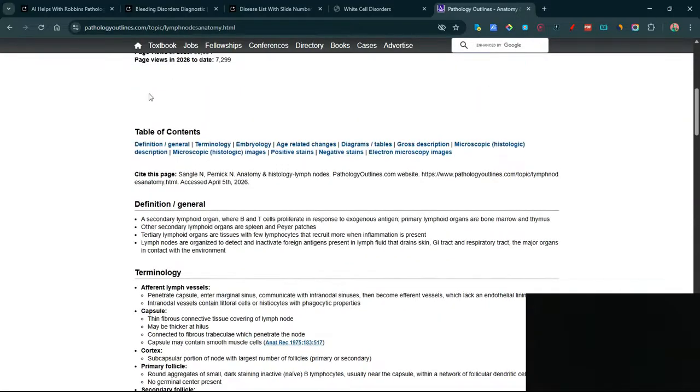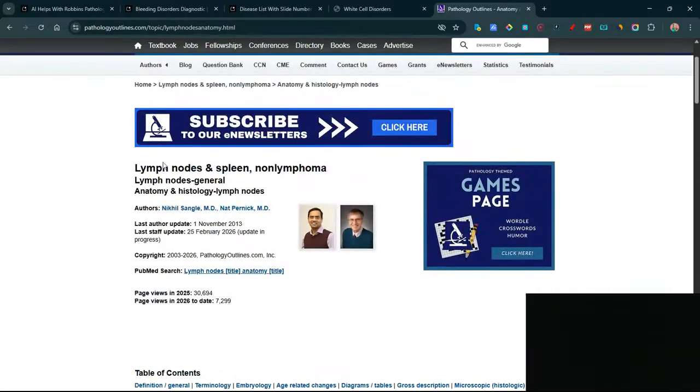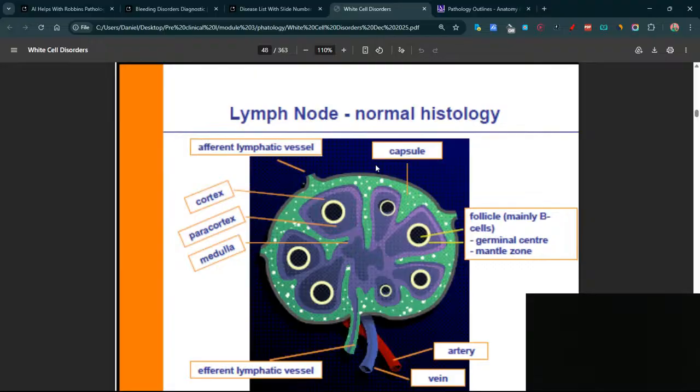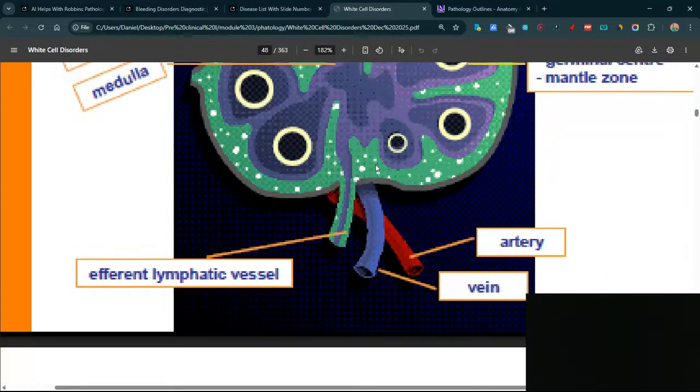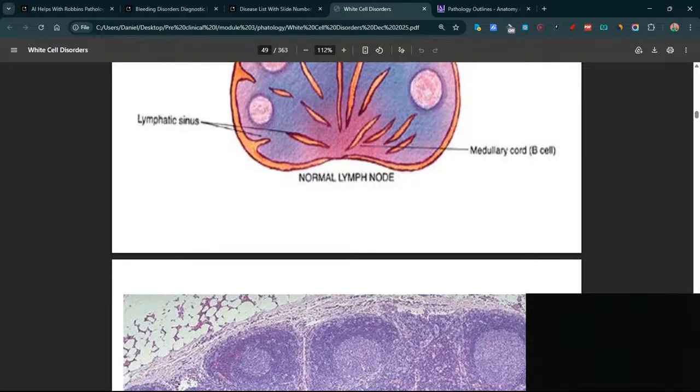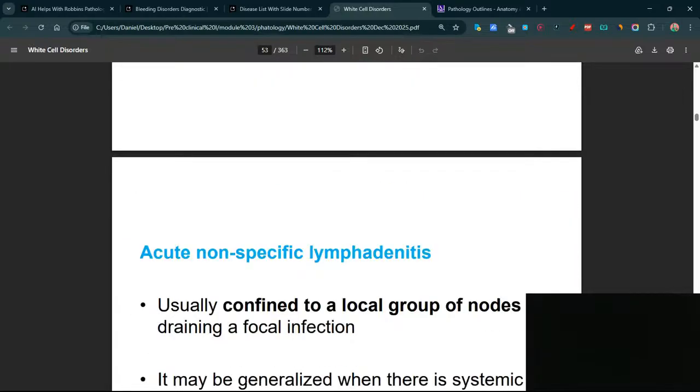Okay, so let's start. My goal in this study session is to read till this point.